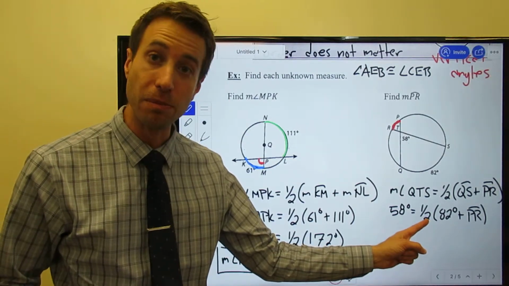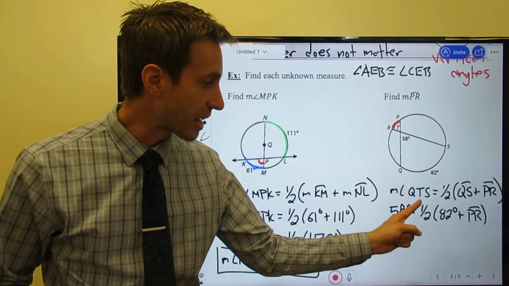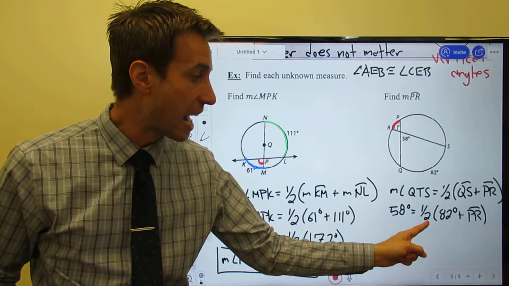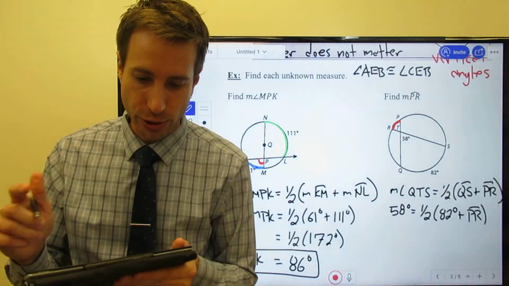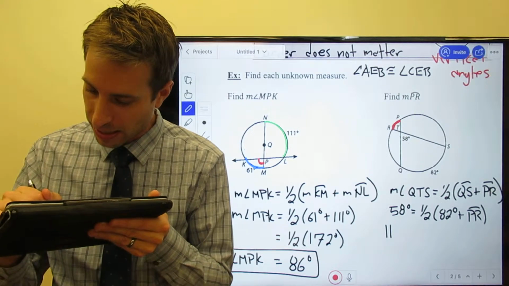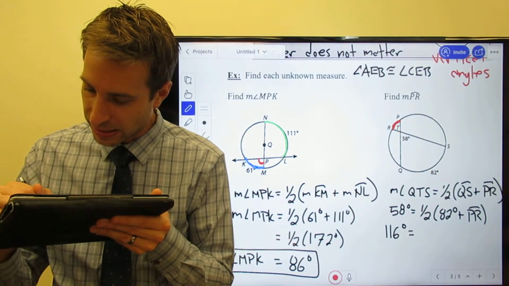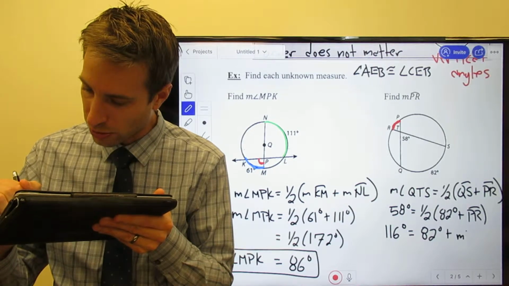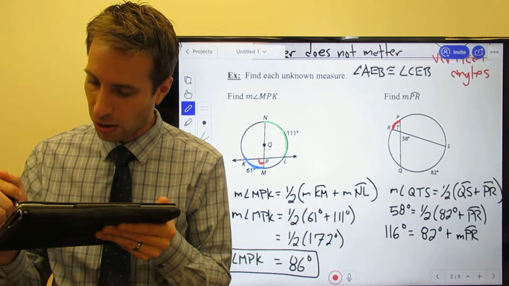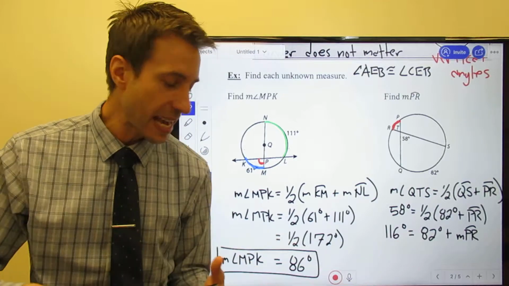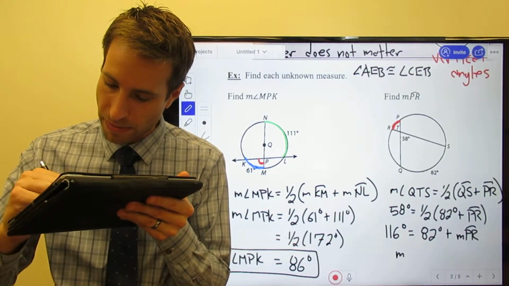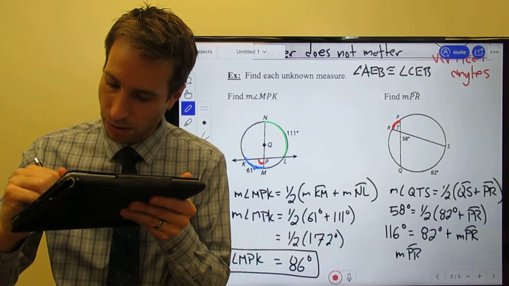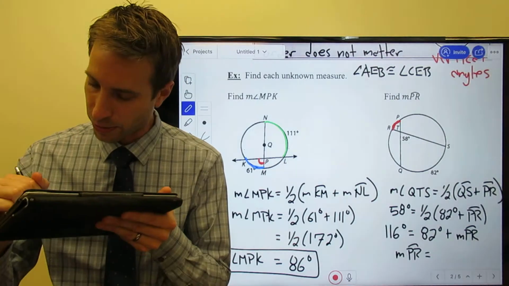First, I'm going to need to move the 1/2 to the other side. Since I have division by 2, I'll need to multiply by 2 on the other side. I get 116 is equal to 82 plus the measure of arc PR. Subtract the 82 to the other side, and so the measure of arc PR is equal to 34 degrees.